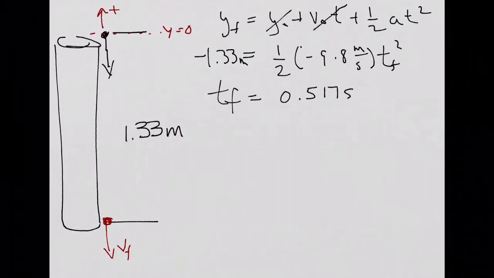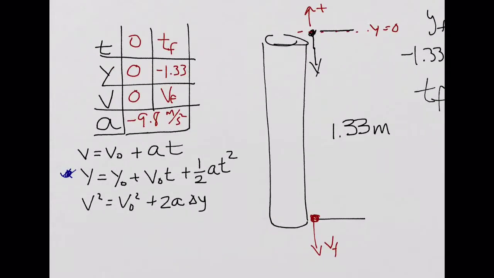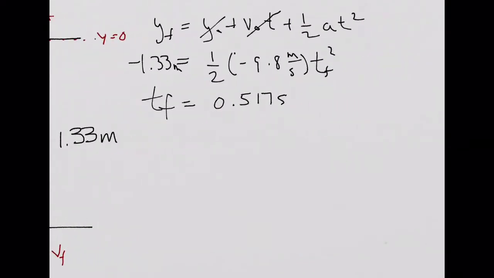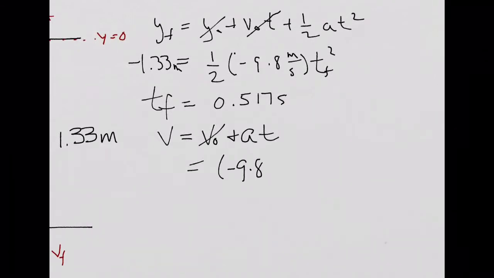In class we had a much bigger number, like 2.6 seconds or something like that. Okay, so if I put in what I know here, that's 0.517 seconds. So now I do have enough information to use equation number 1 to find out what the final velocity is. So vf equals v0 plus at, equals negative 9.8 meters per second squared times 0.517 seconds.